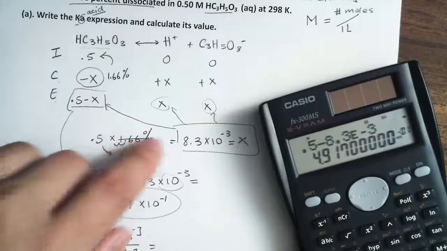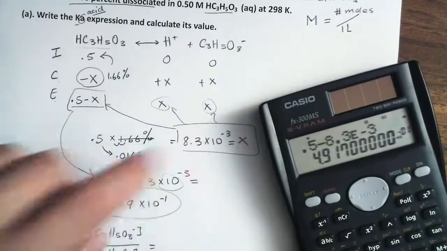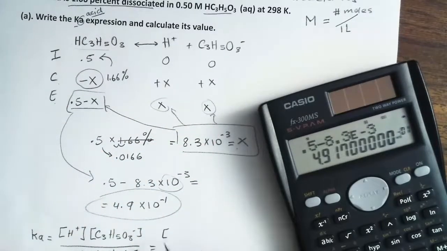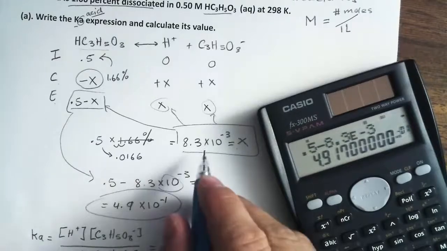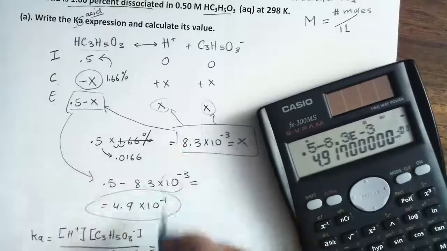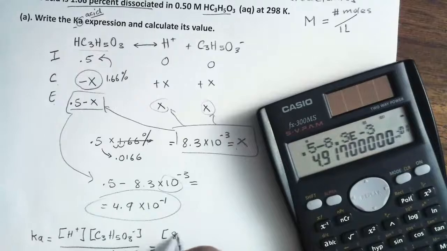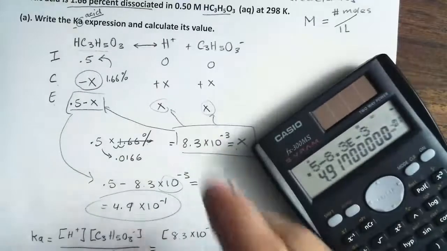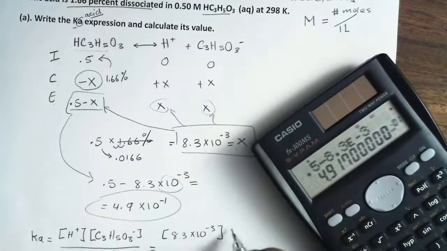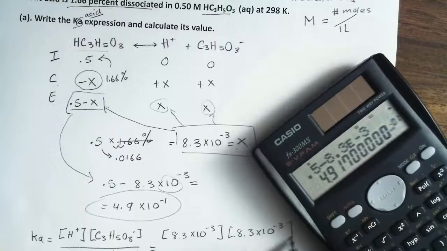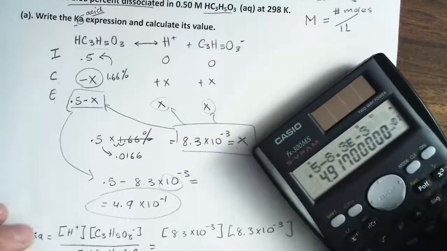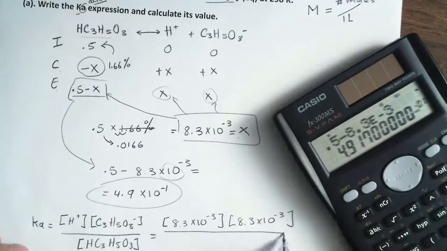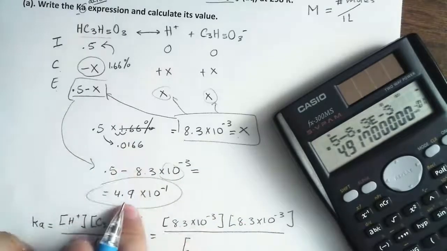Then we substitute in terms of x. We know those values already, so in this case, this is 8.33 times 10 to the negative 3, and the other one is also 8.33 times 10 to the negative 3, expressed in molar concentration, divided by the one on the bottom.